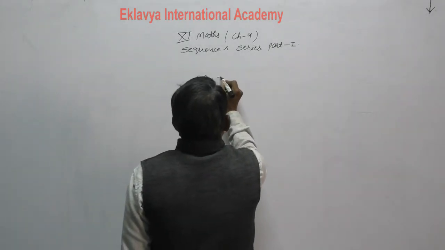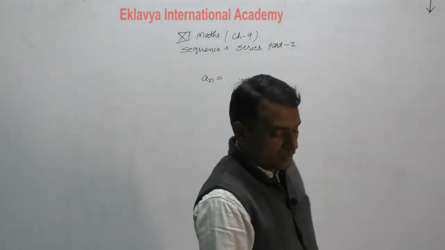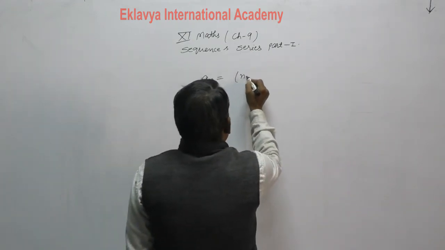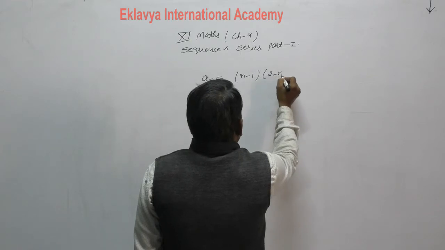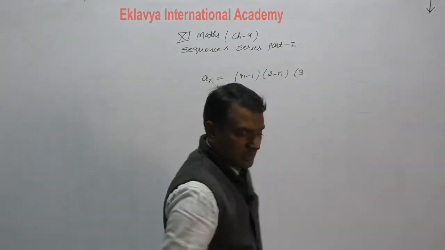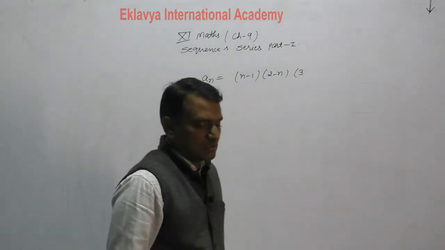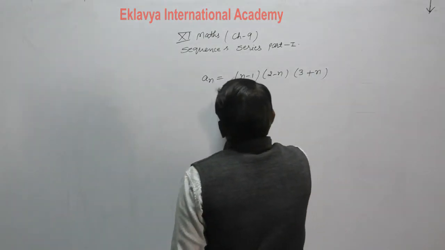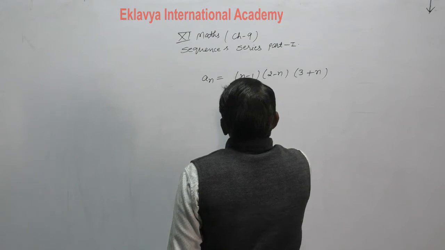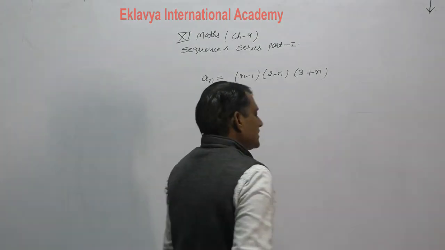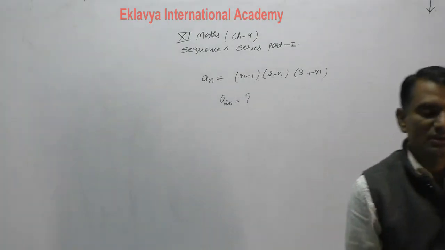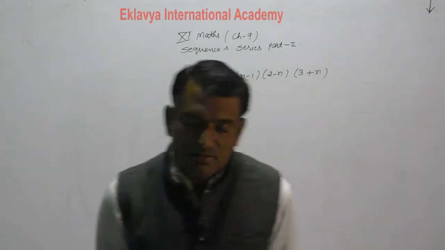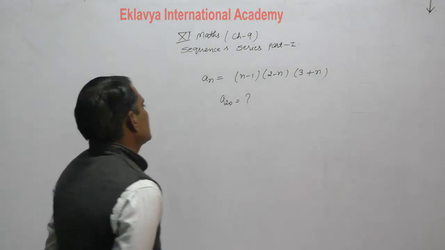The following sequence that is given: a_n equal to (n minus 1)(2 minus n)(3 plus n), right? Now the question is a20, you just calculate the 20th term of the given sequence. It means the n which is given there is replaced by 20.